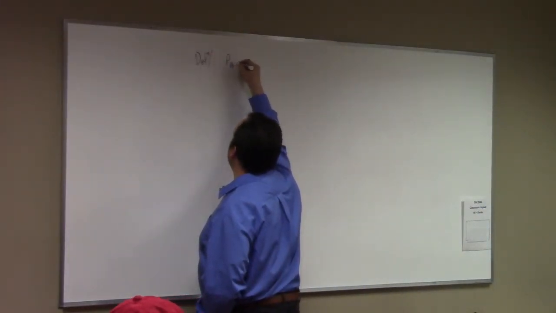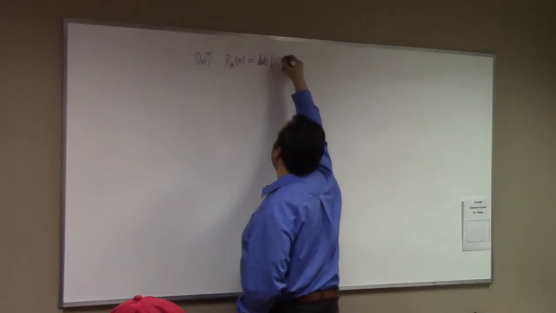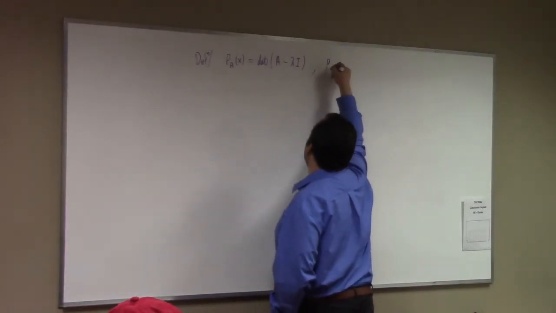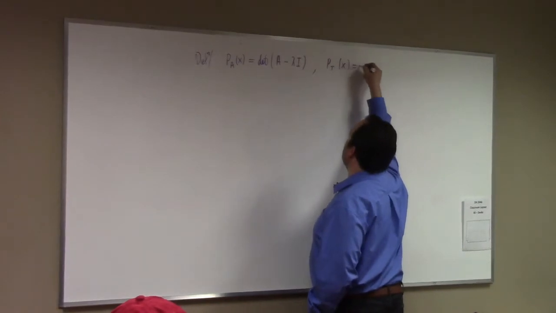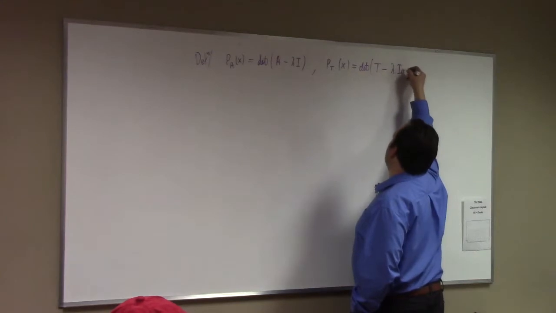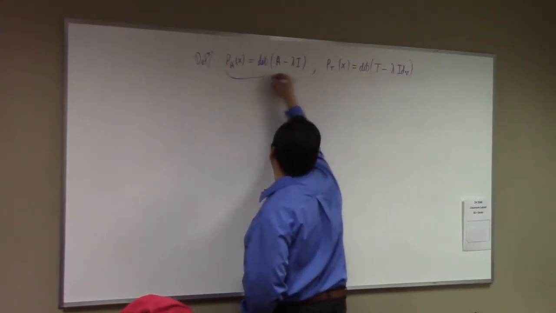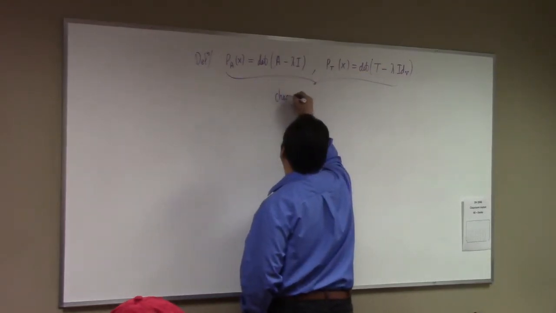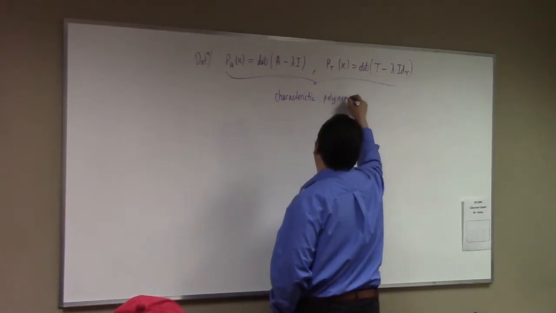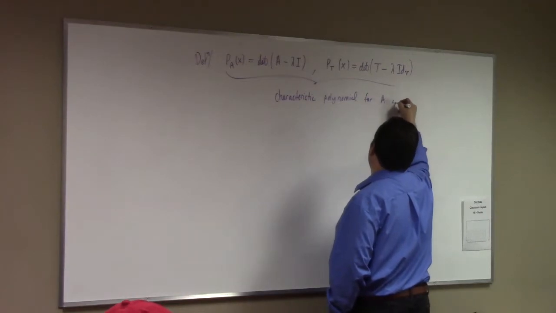So sometimes PA of x would be the determinant of A minus lambda times the identity matrix, or for a transformation, PT of x would be the determinant of T minus lambda times the identity. Fine, I'll write it down. There you go. So these are the characteristic polynomial for A or T respectively, yeah?